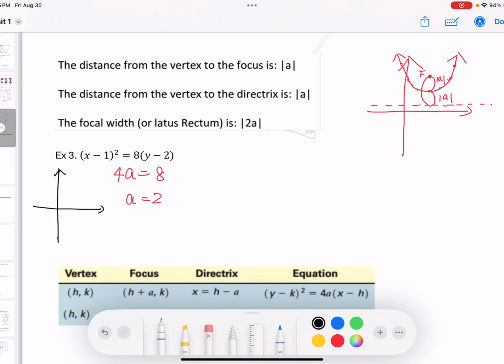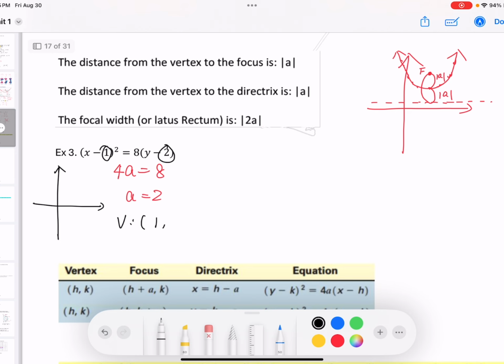Second, let's see, what is the vertex? The vertex is h comma k, so it's 1 comma 2. And open upward, make a sketch. This is our parabola. And then we need to have our focus and a directrix.